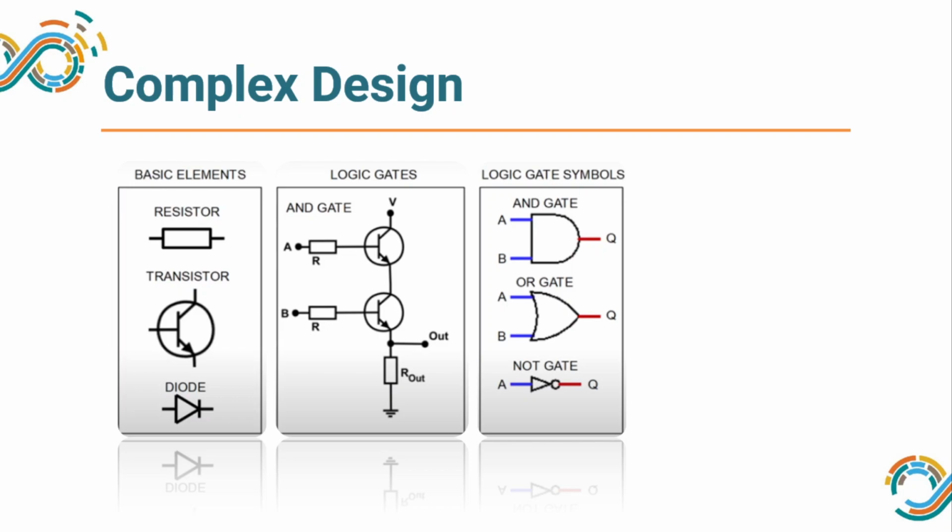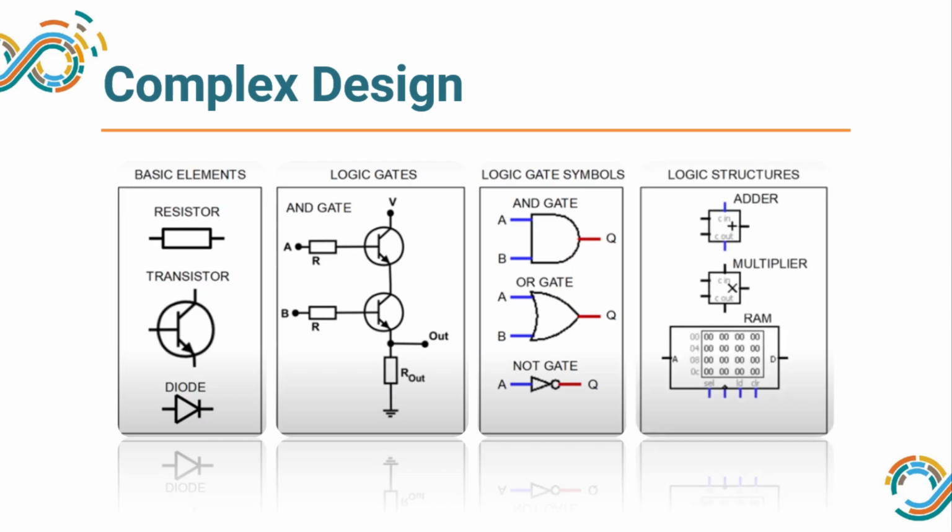Once this library is done, we add them with each other properly to make logic structures like adders, multipliers, memory elements, registers, larger memory elements like RAM, ROM, and using multiplexers, adders, multipliers, we make the complete arithmetic and logical unit, the ALU. So we keep on building from smaller designs to bigger and more complex designs.